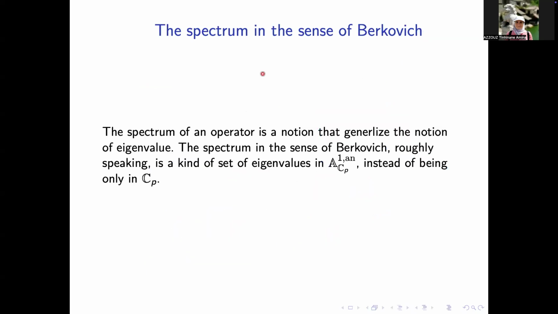Then let's come back to what I was saying. For a differential equation, we can associate a geometric object. The aim of my research is to study this object and deduce from it a property about p-adic differential equations.